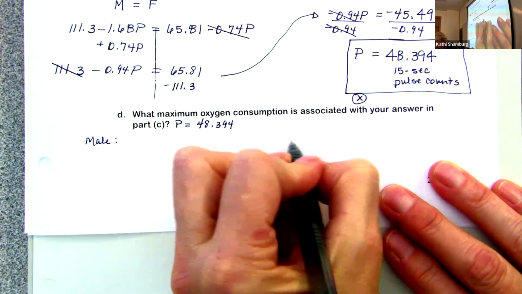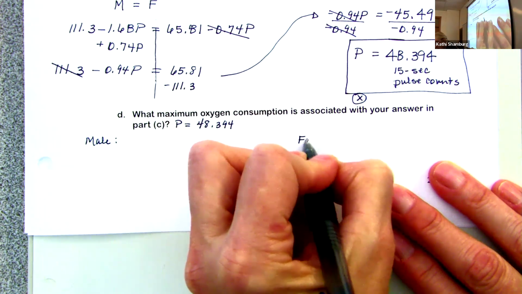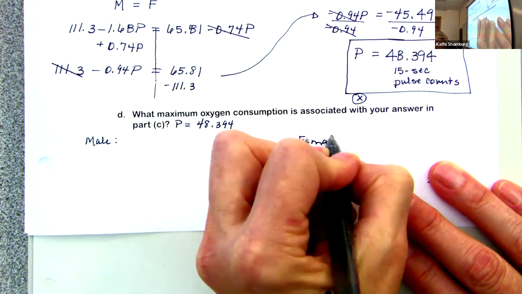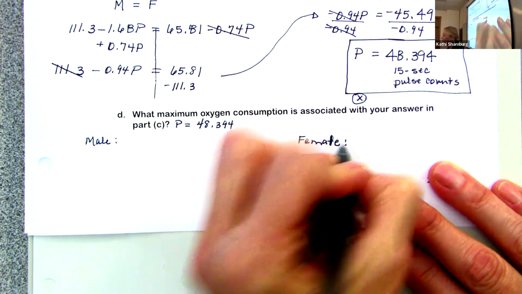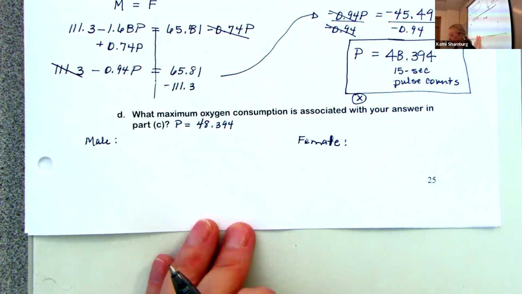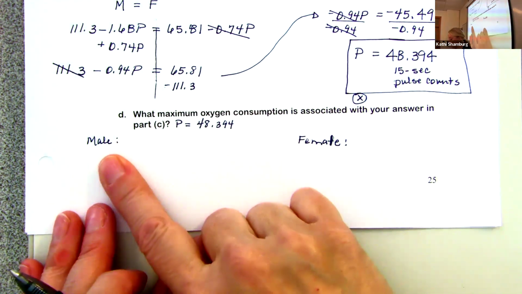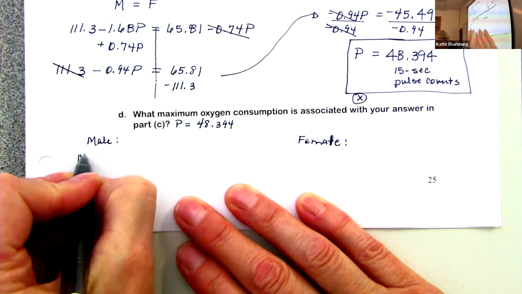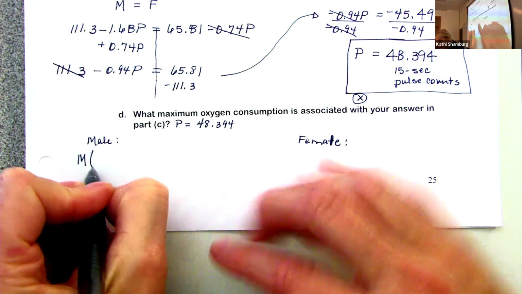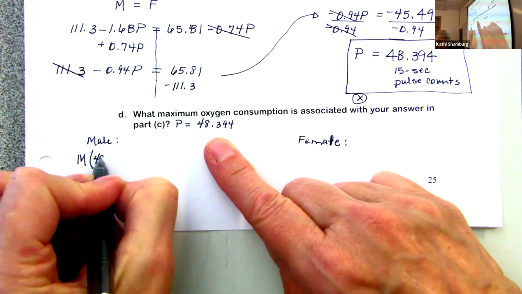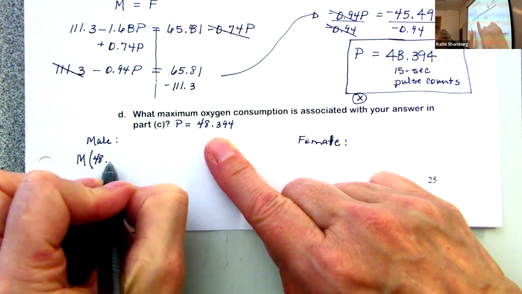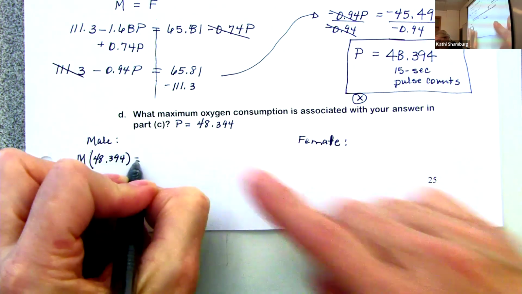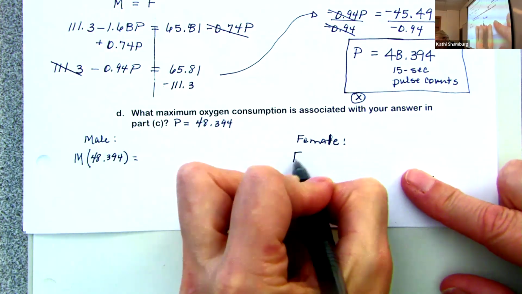And what is the maximum oxygen consumption for my female? Right? So I'm going to go to my original equation of male, and find the male oxygen consumption at the 15-second pulse rate of 48.394. And then I'm going to do the same thing for female.